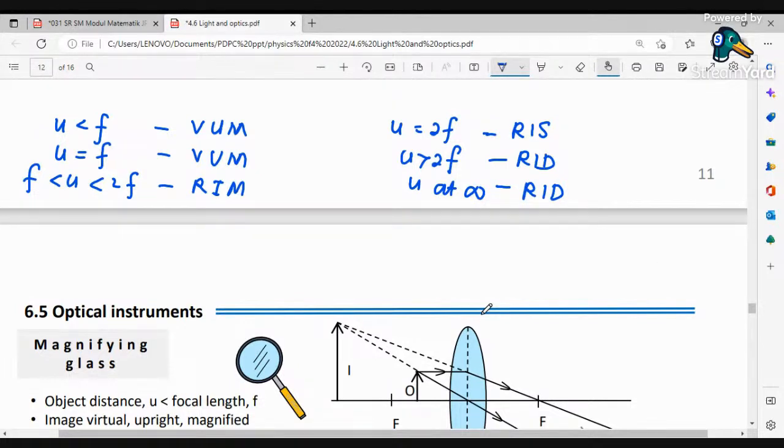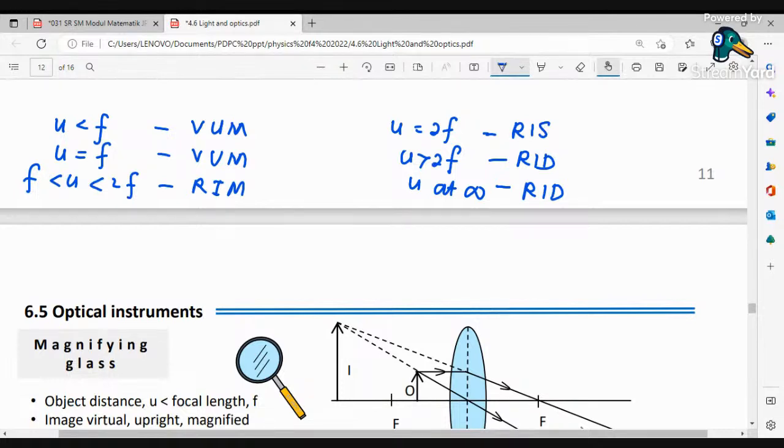I hope you still remember, especially for the convex lens, the characteristic of the image formed depends on the object distance.